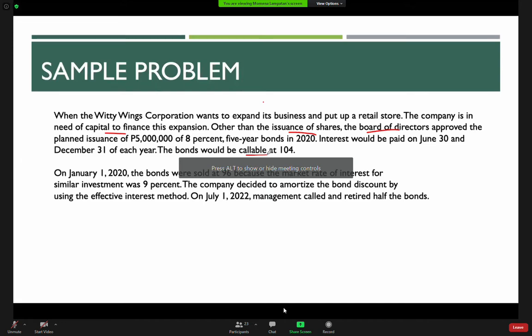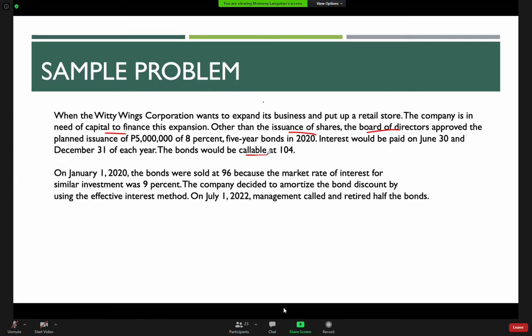So yung mga putable instrument, the holder has the right to return or put back to the issuer the instrument in exchange for cash and other financial asset, or is automatically put back to the issuer upon the occurrence of specified future event such as death of the holder. So yun yung putable instrument.